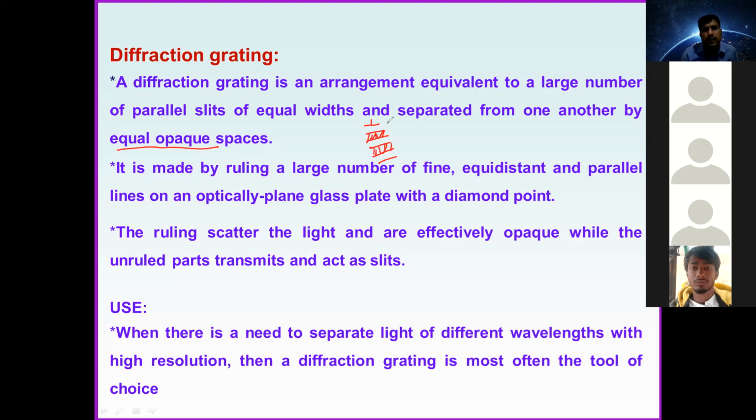And these are the slits, 1 and 2 and 3, etc. The meaning of equal here is that if you say this is A, all A should be the same. If you say this is B, that should also be the same. I hope it's clear.